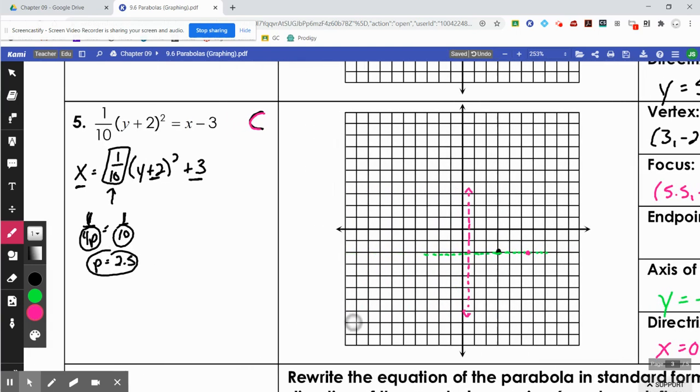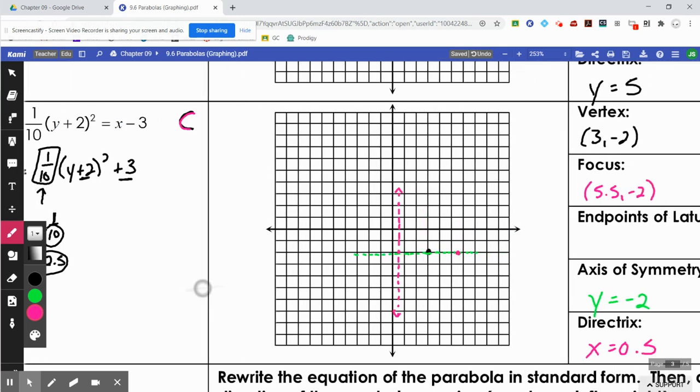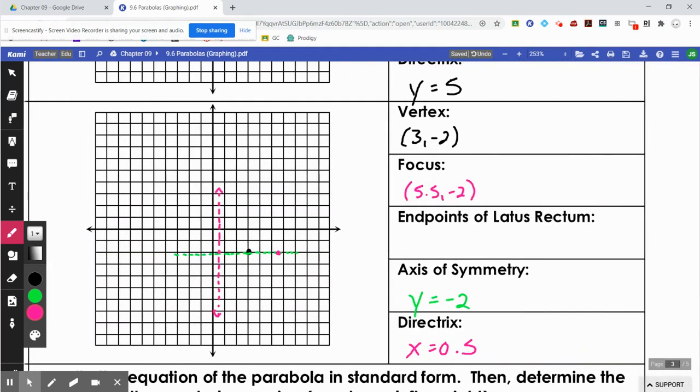Since my p-value is 2.5, the length of my latus rectum is going to be 4 times that. So my latus rectum will have a length of 10. So I'm going to take from my focus, and I'm going to go 5 on each side. 1, 2, 3, 4, 5, which is about right there, and 1, 2, 3, 4, 5, which is right there, and that's going to be the endpoints of my latus rectum.